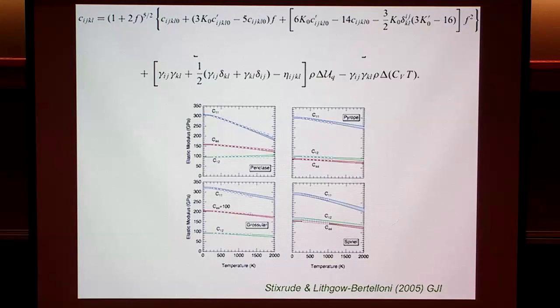Take strain derivatives, and this is what pops out. And here you see this is a finite strain expansion. There's F squared. The coefficients end up depending on the pressure derivative of the elastic constant and also the bulk modulus and the elastic constant itself. There's the pressure derivative again of the elastic constant. There's K prime, etc. So this is just what pops out.